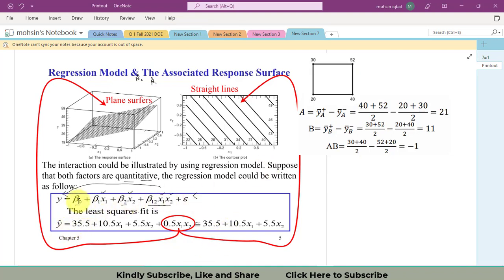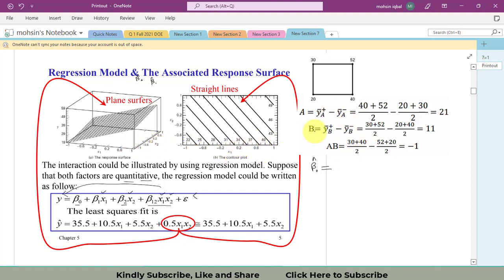First of all, beta naught is the estimate, or you can say the y-intercept. So how will we calculate beta naught? I'm going to tell you that. So beta naught, the estimate of beta naught. Very simple. We have four observations, or four values of the response variable, at four different settings. So just take the sum of all these values and then divide it by 4.